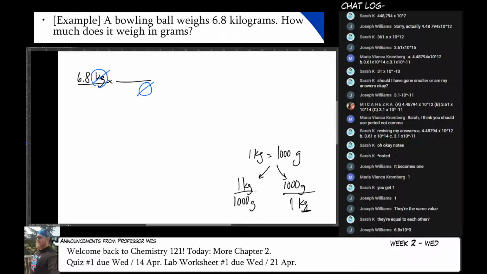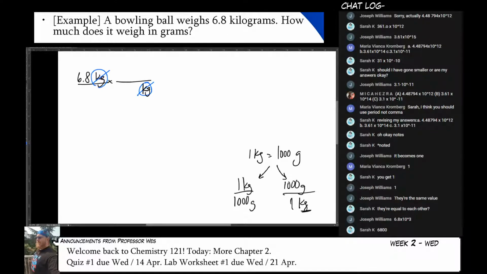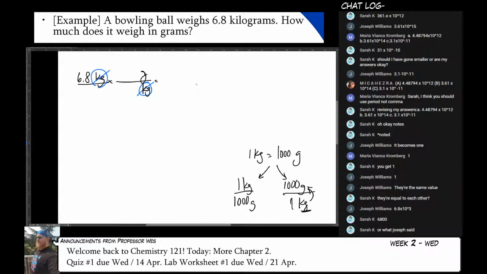Well, it should be this one, right? Because they have to match. And then I'll just put the other unit that's available right next to it. Since this is the only unit that's left in the calculation, that's going to be the units of my answer.